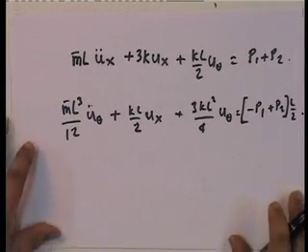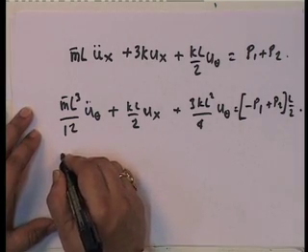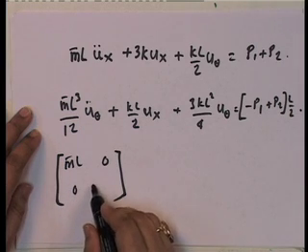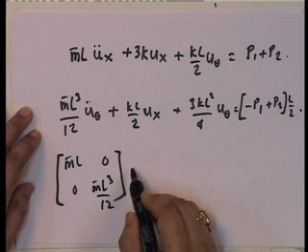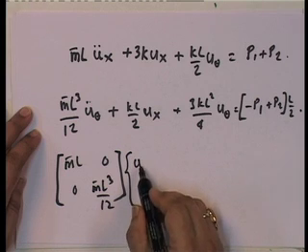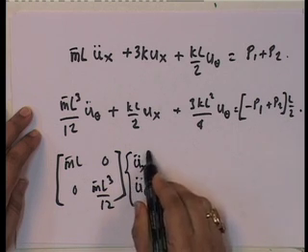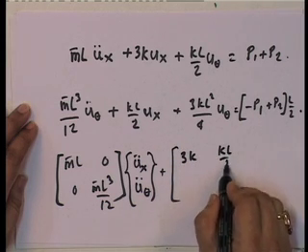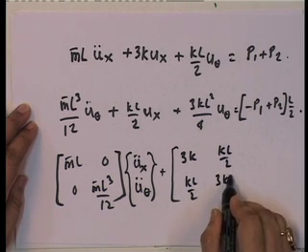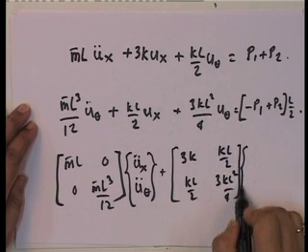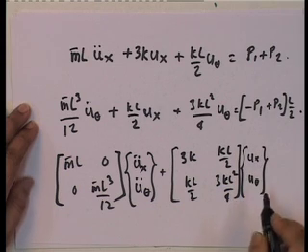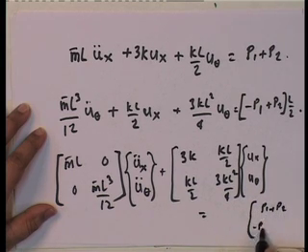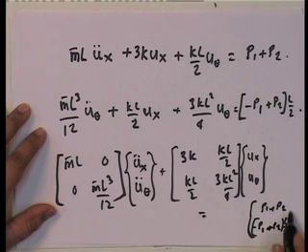So, if I rewrite this in a matrix format, what I get is this: m bar L 0 0 m bar L cubed upon 12, equal to P1 plus P2, and on this one I have P1 plus P2 into L by 2.